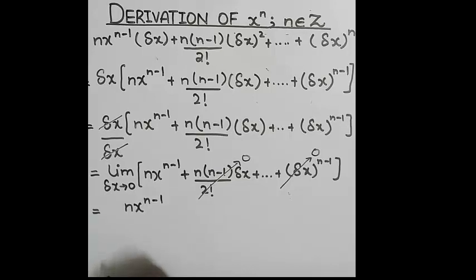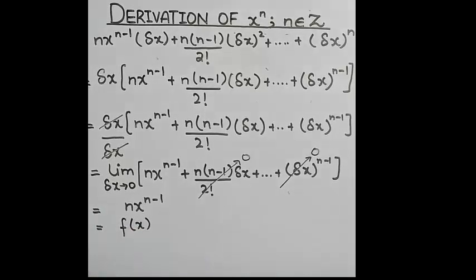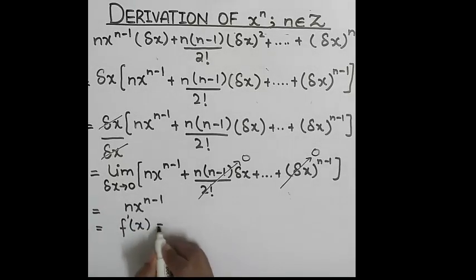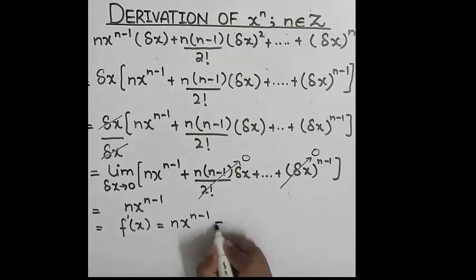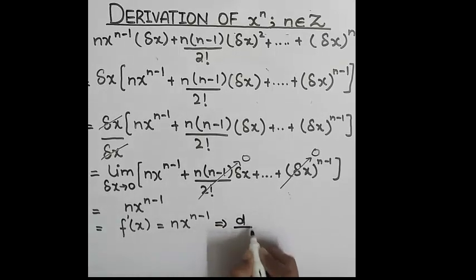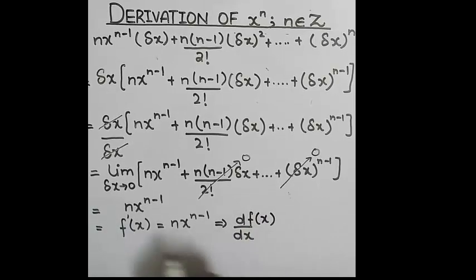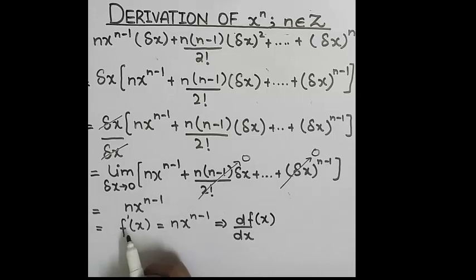So initially we started with f of x, and we were finding the derivative of f of x. So f dash x we got is n x^(n minus 1), or we can say d over dx of f of x. This means the differential, this means the derivative of f of x.